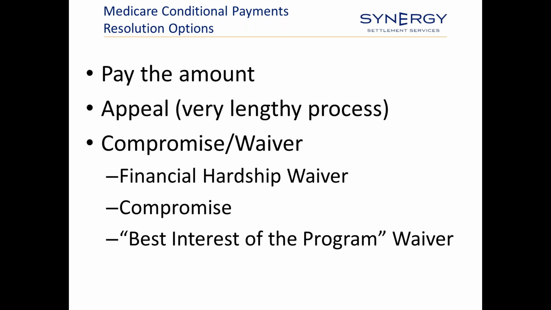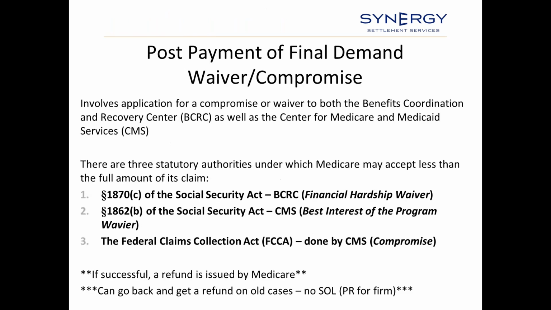So it's really not an effective way to deal with the issues that may arise with conditional payments that perhaps are incorrect. There are other ways to do it that are post-final demand, which is through the compromise and waiver process, and there's 3 different areas of the law that you can utilize to get a waiver or compromise.